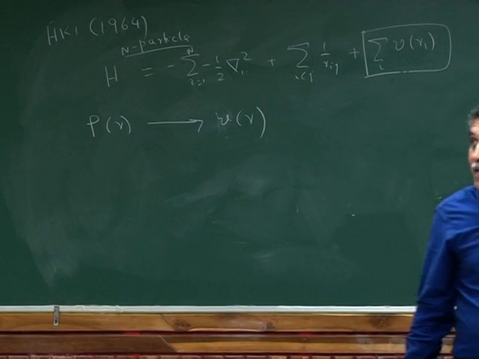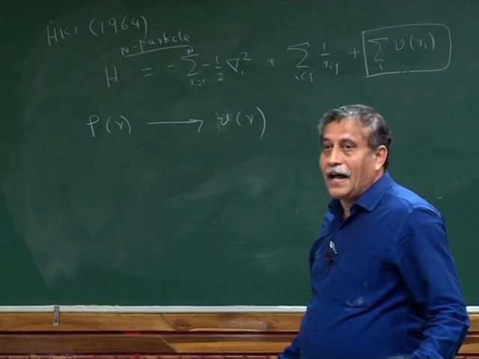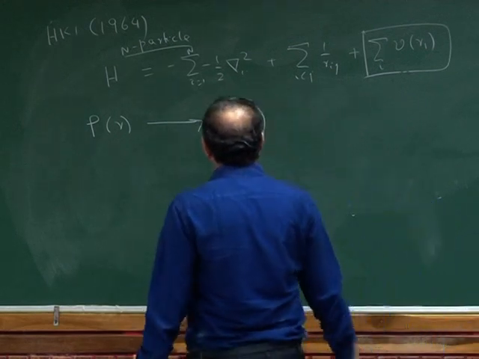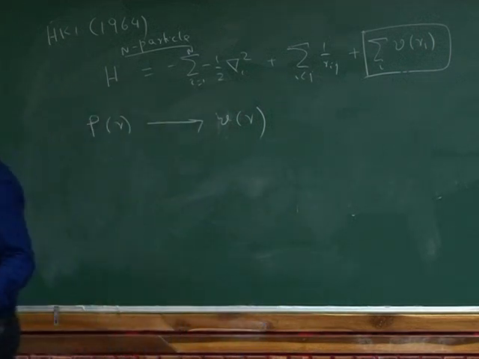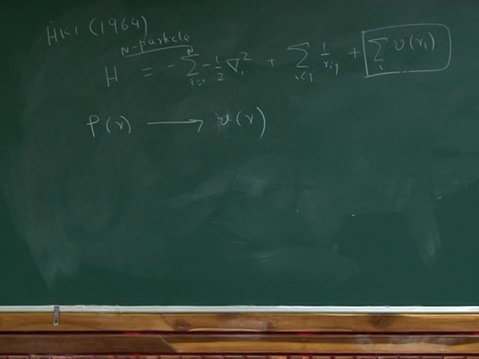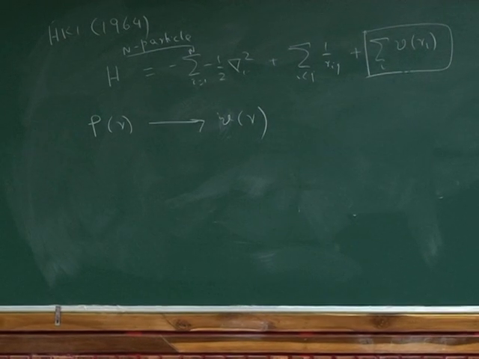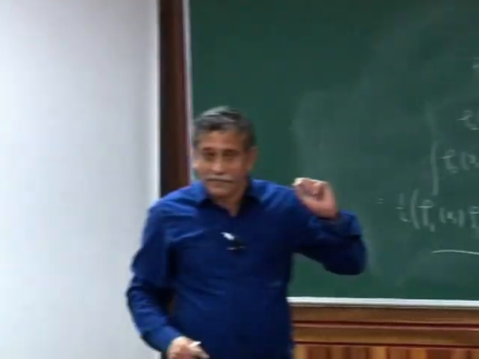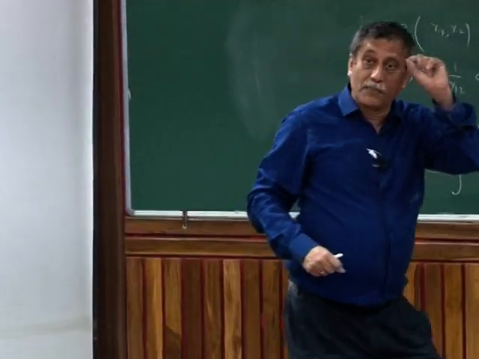And then of course it means I can find out the energy, because the moment I know V of R, I know H. If I know H, I know energy. So remember, how do I know energy? That he is not telling me. But it says that if I know the electron density, I know the energy. It's an existence theorem. Uniquely, that is very important.